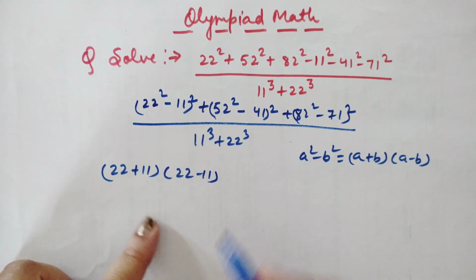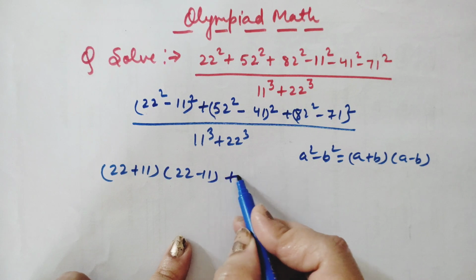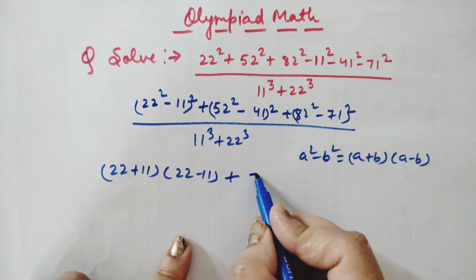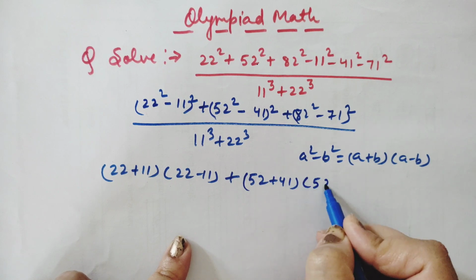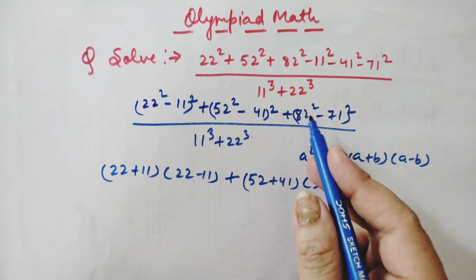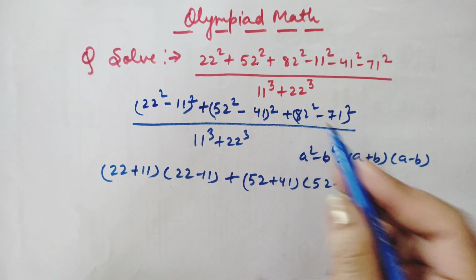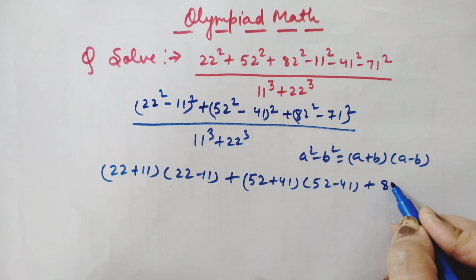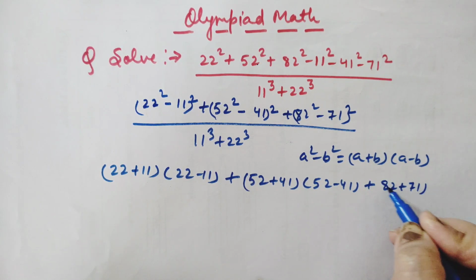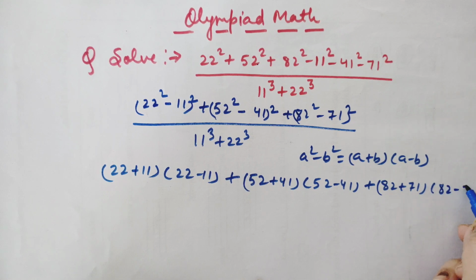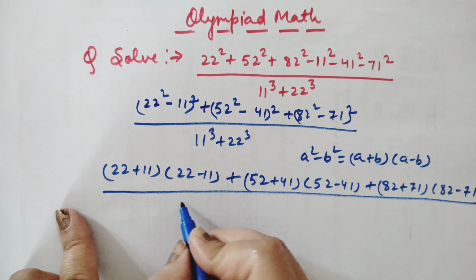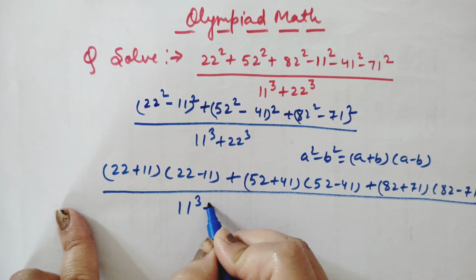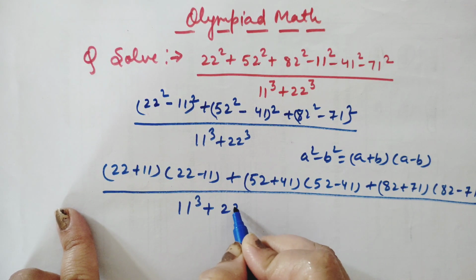Then 52 square minus 41 square is 52 plus 41 and 52 minus 41. Similarly, 82 square minus 71 square is 82 plus 71 and 82 minus 71. In the denominator we write these two terms as they are.